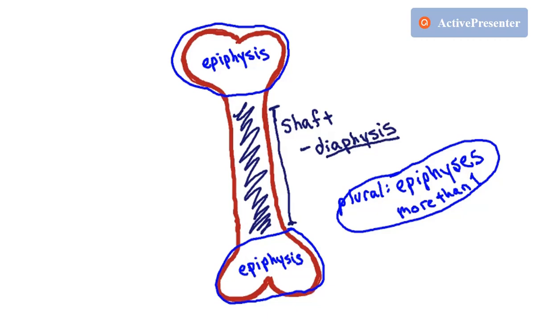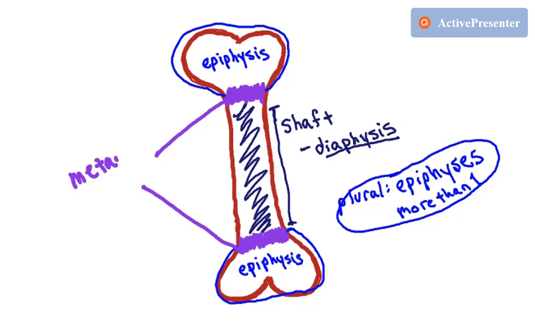Now, in between the shaft, the diaphysis, and the epiphyses of the bone, there is like a little neck area here. There's one up here and there's one down here where the ends of the bone meet the shaft, or meet the diaphysis, and these are called the metaphyses.